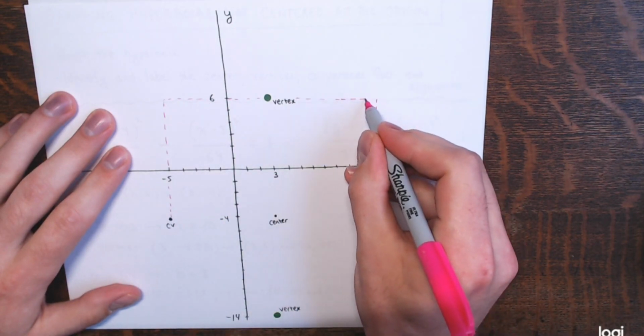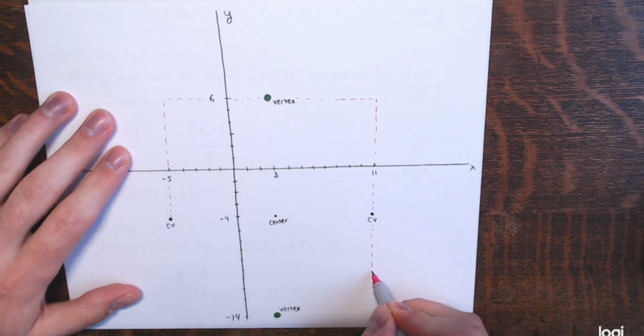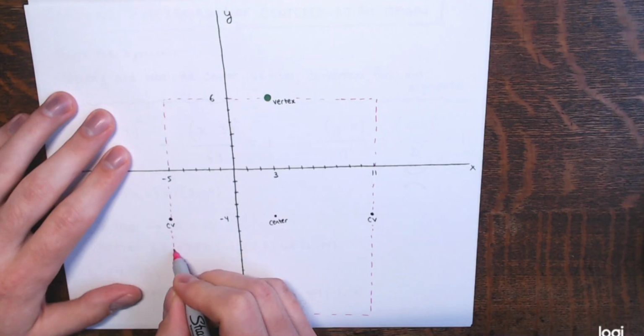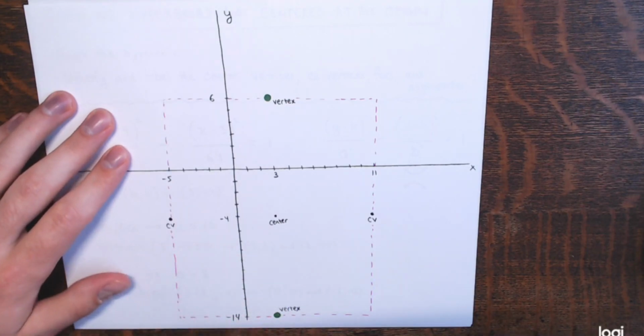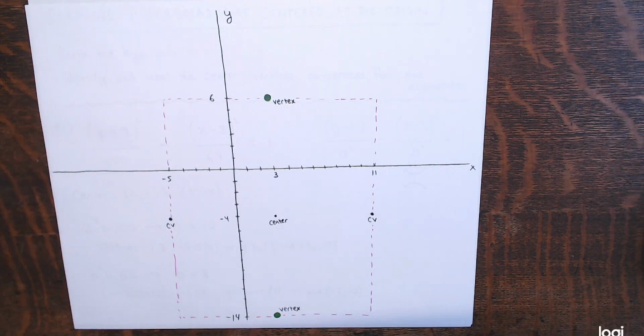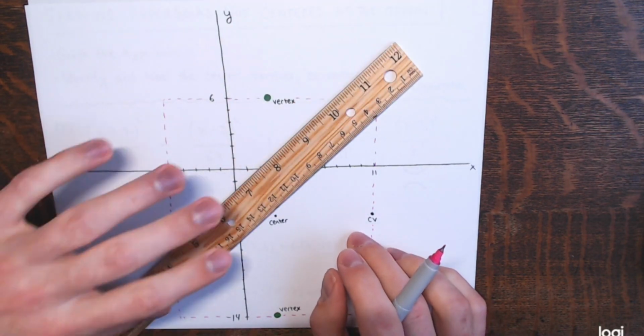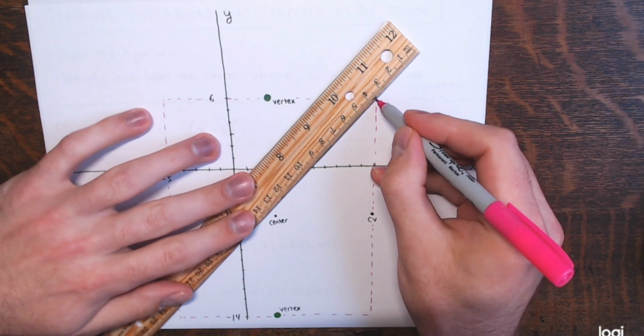And it's a dotted rectangle, right? Because the rectangle isn't part of the hyperbola either. So I don't want to make a solid rectangle. All right, and then through the corners of these, also through the center, should go the asymptotes.